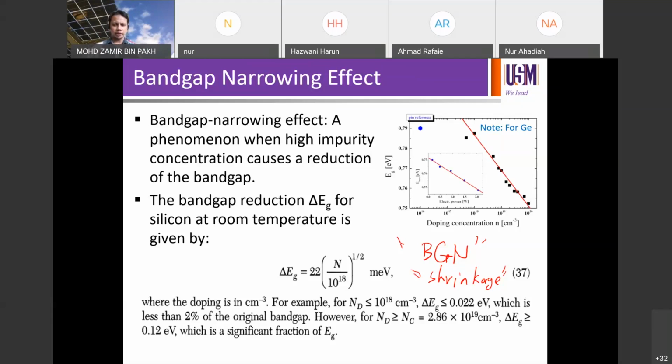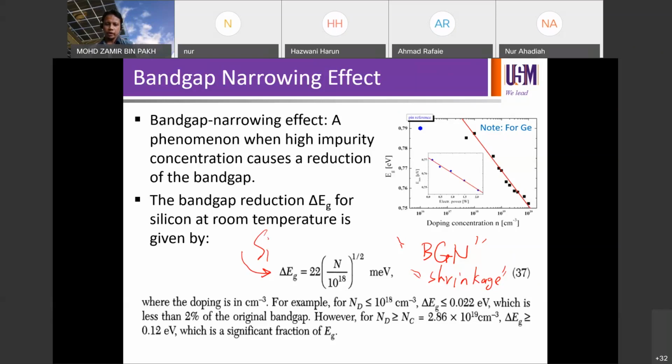So the band gap reduction, delta EG, for silicon at room temperature is given by this equation. The amount of reduction, delta EG, will be given by 22 times the square root of N, which is the doping level, over 10^18, in milli electron volts, where the doping is in per cubic centimeter.